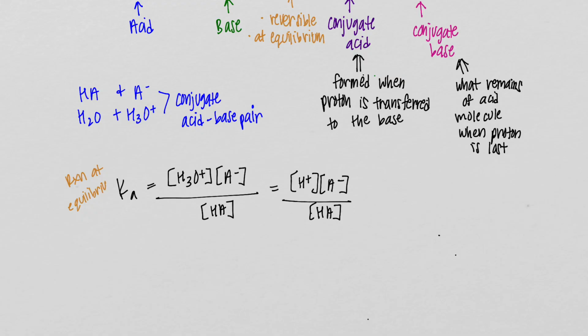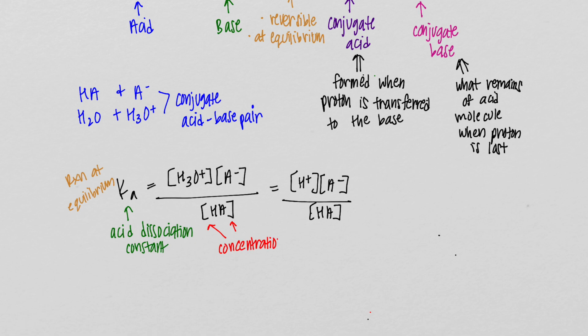And this here, the Ka, is our acid dissociation constant. And again, we're going to see this more later on, so I wouldn't worry too much about it now, but I want you to start seeing it. And real quick, these square brackets are referring to concentration.